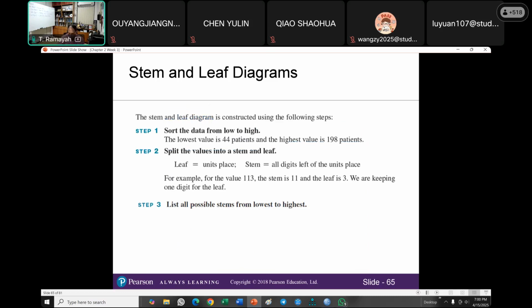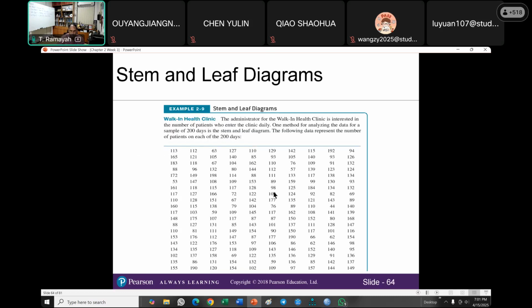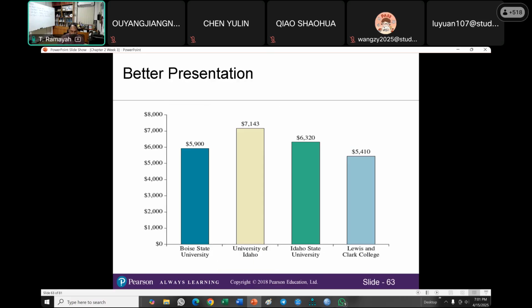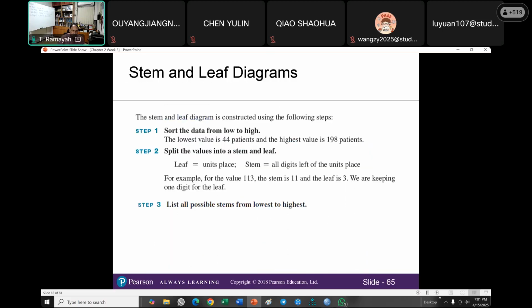Let's say the lowest value is 44. So we will start with the stem 4 and the leaf will be 4. The last number will be 198, so the stem is 19 and the leaf will be 8. So that is how the stem and leaf works.